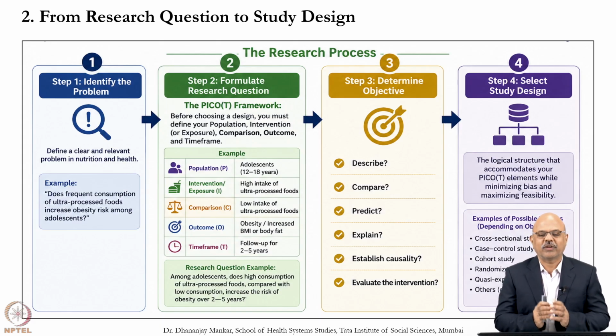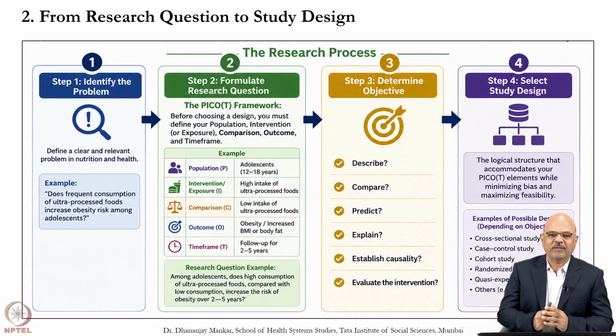Now going to the next step, that is formulating the research question. If you choose the PICO framework, choosing the right design is very important. And when you choose the right design, it must have a clear population, intervention or exposure, comparison, outcome and time frame.